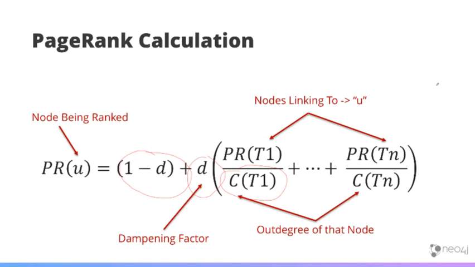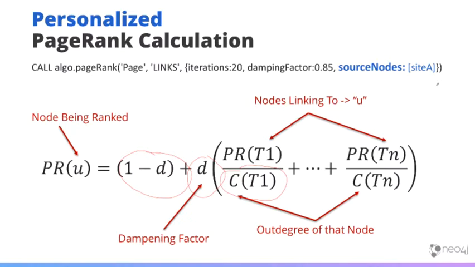Now, the dampening factor is kind of interesting because this is how we're able to create the personalized PageRank, how it becomes personalized, really. Instead of doing a random skip to a completely random node when that dampening factor comes into play, what the personalized PageRank does is it sets a source nodes area.